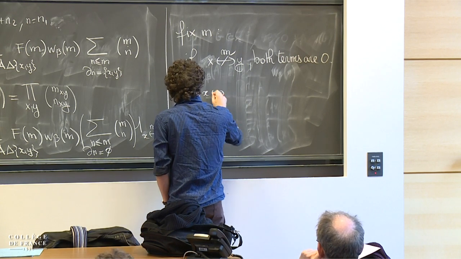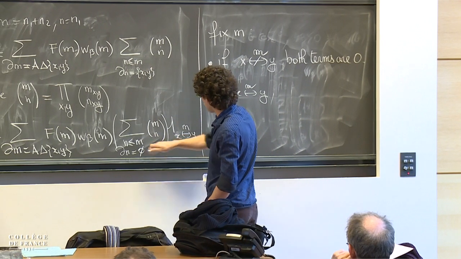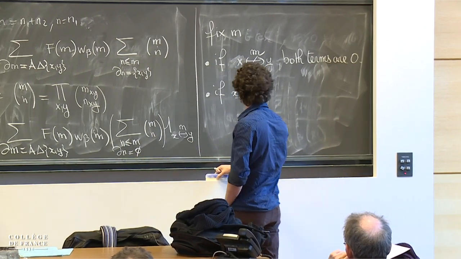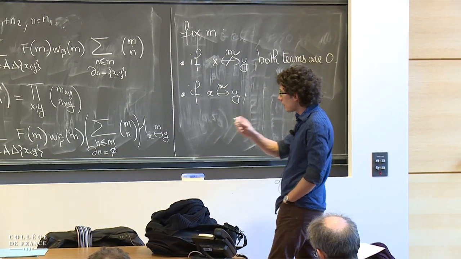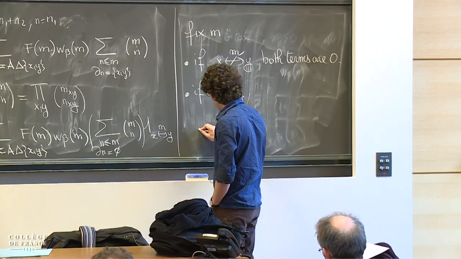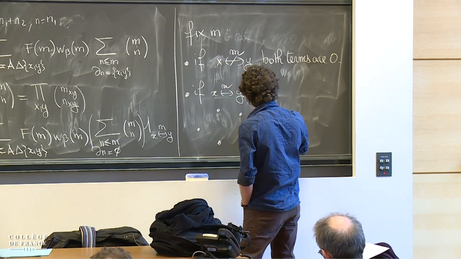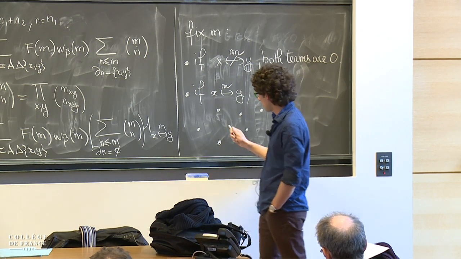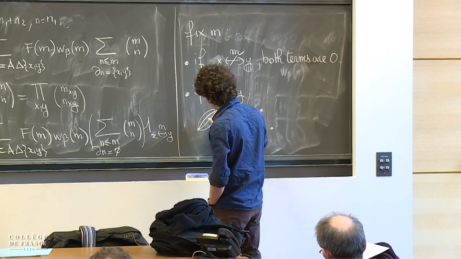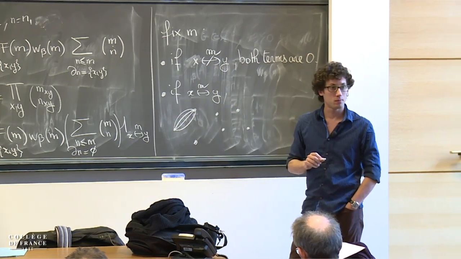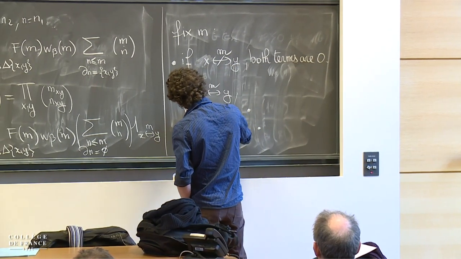And now if x is connected to y in m, then I need to check that this thing is equal to this one. So now I can forget about this. And I'm going to do it as follows. Imagine m, so you have your vertices in G. Imagine m as naturally associated to a multigraph. Okay, and a multigraph has multiple edges, meaning that between x and y, you put m_xy edges.